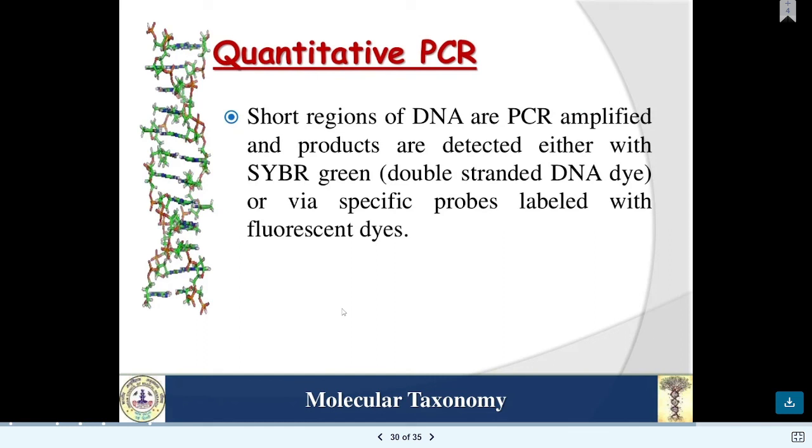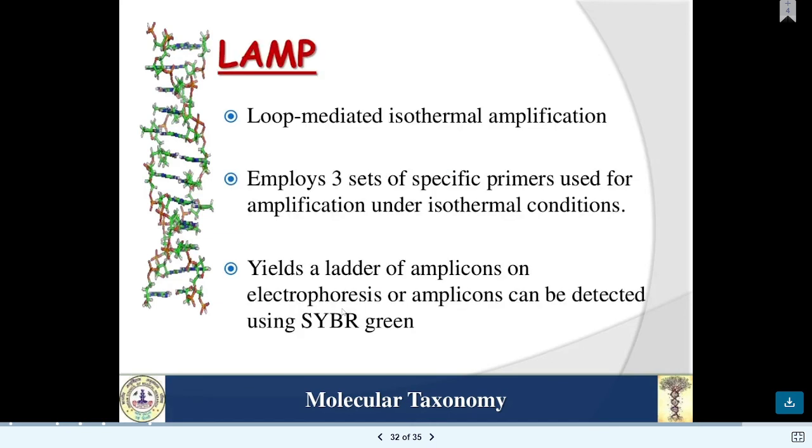Then quantitative PCR, like I said, real-time PCR is the quantitative PCR where SYBR Green dye is used. LAMP is one of the techniques. Now see, LAMP is a new technique: loop-mediated isothermal amplification. Now what is it? Just pay attention. We generally employ three sets of specific primers.